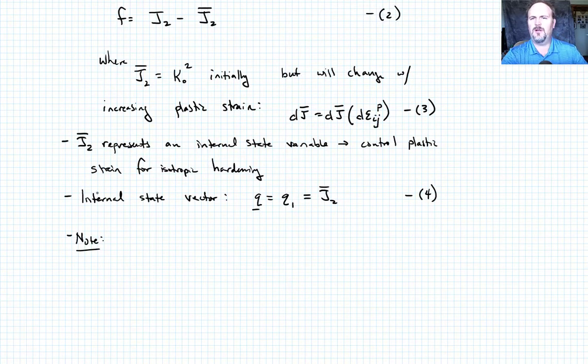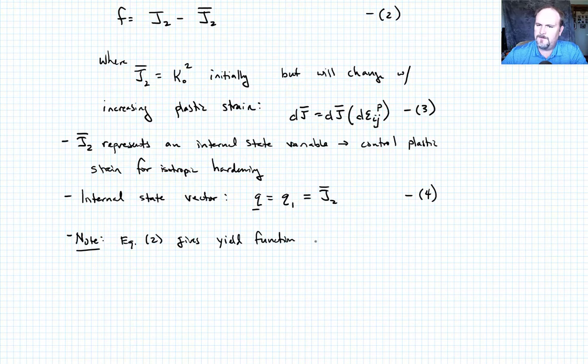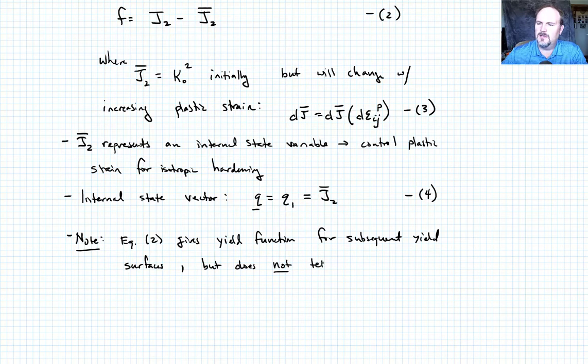Equation 2 gives us the form for some subsequent yield function for isotropic hardening, but it doesn't tell us how J2 bar is going to evolve with plastic strain.